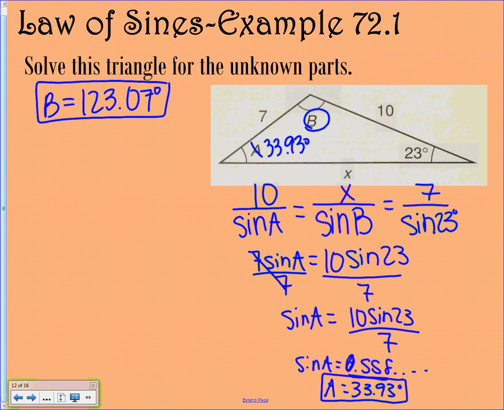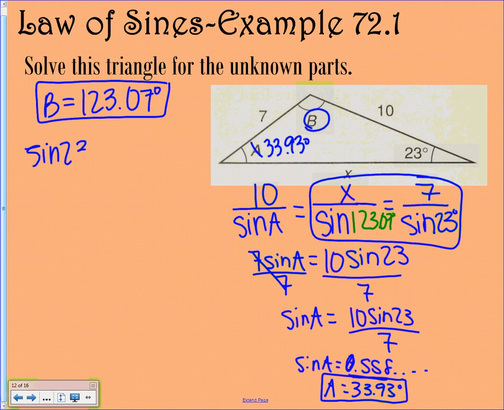Well, if we plug in what B is right here, 123.07, then we can use the second and the third ratio to solve for X. So I would have sine of 23 times X equals 7 sine of 123.07.